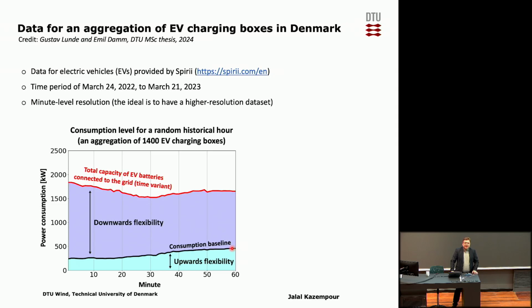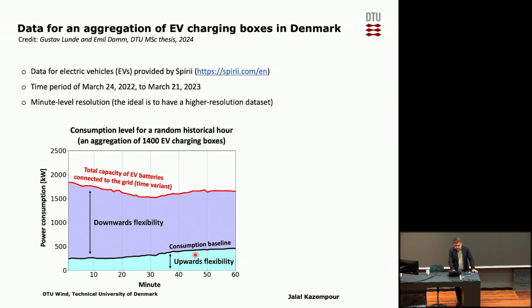So assuming that you can charge or discharge all these connected EVs fully, you can stop their consumption to zero, or very rapidly increase their consumption to the maximum consumption. By assuming that, it means that they are fully 100% flexible.